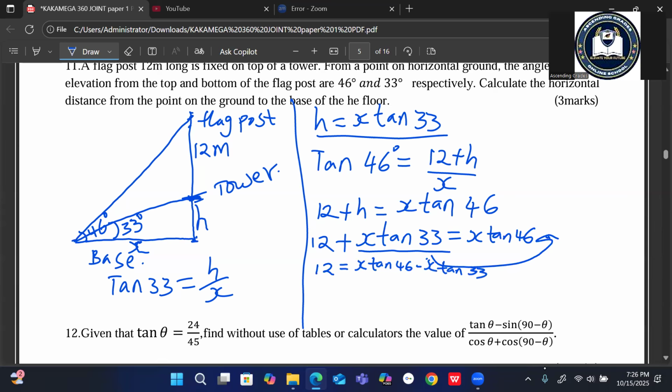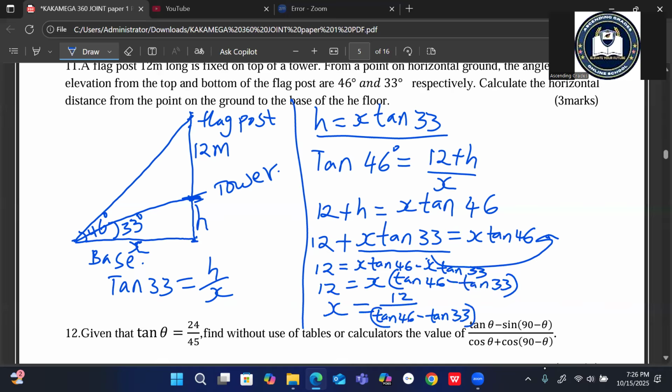So we factor out x, so 12 will be equal to x into tan 46 minus tan 33. So our x will be equal to 12 divided by tan 46 minus tan 33.